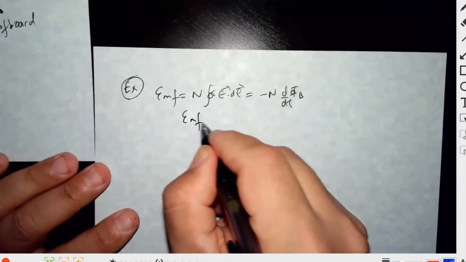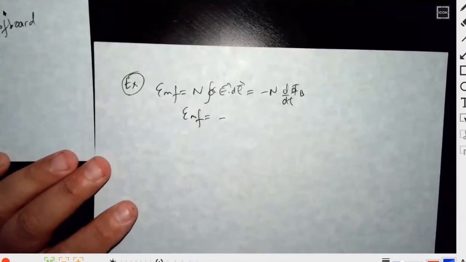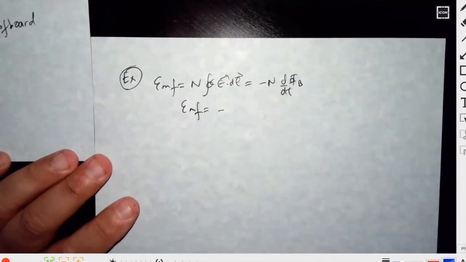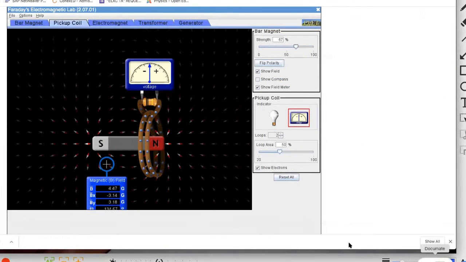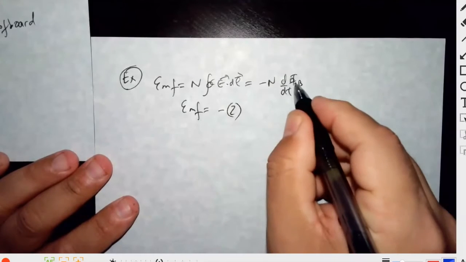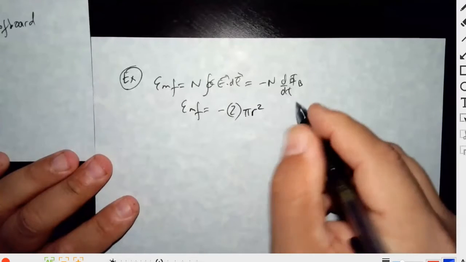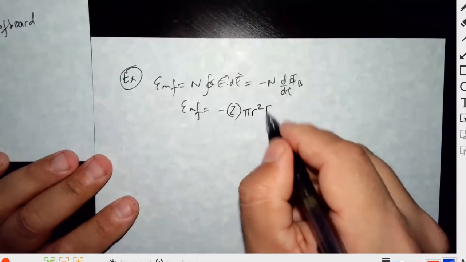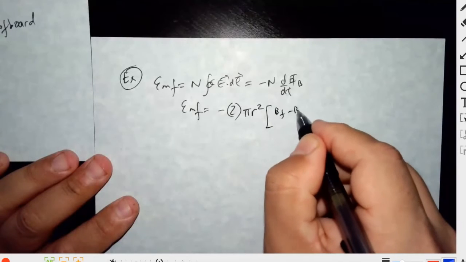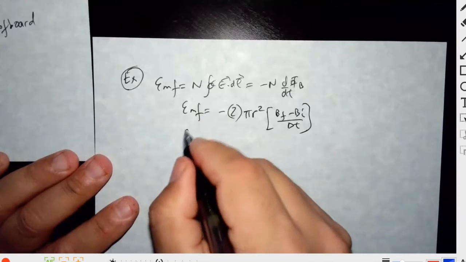And then the EMF will be negative, and how many loops do we have? 2 loops, just 2 loops. The area is just going to be pi r squared, and then B final minus B initial over delta t, right?